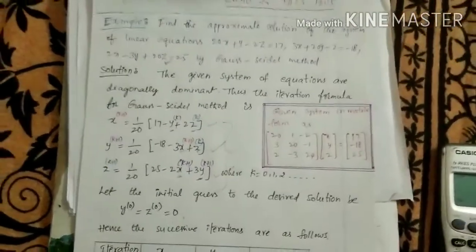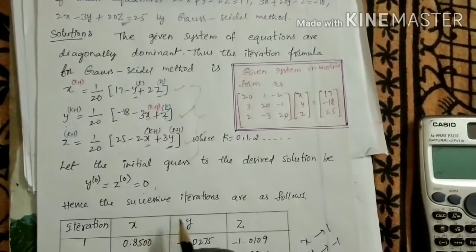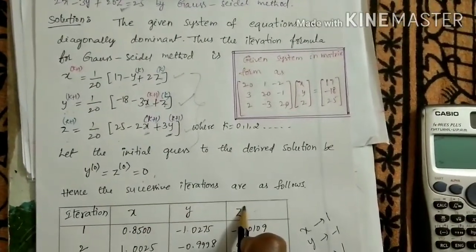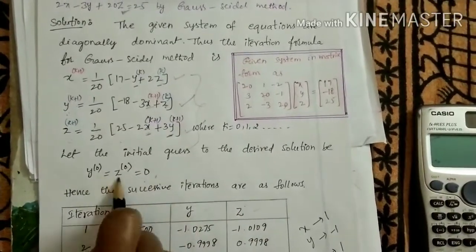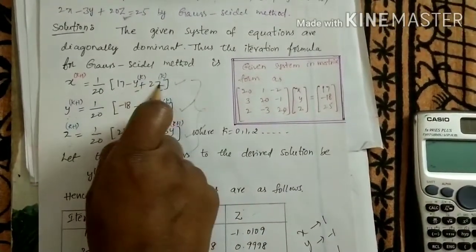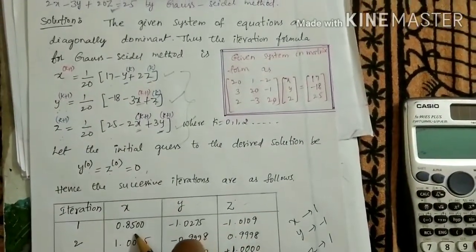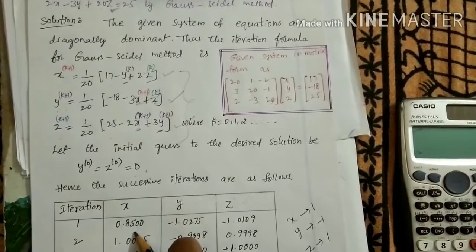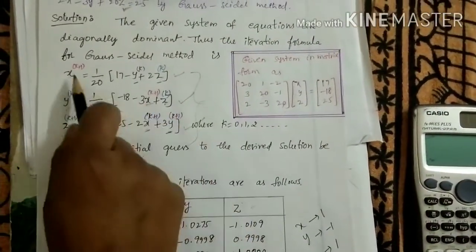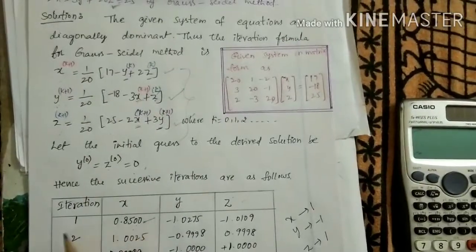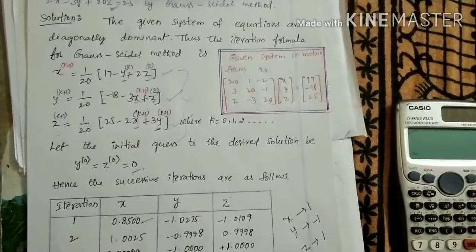Hence, the successive iterations for the variables x, y, z can be obtained as shown in the table. By giving y, z as 0 in the first equation, the value is obtained as 17/20, which is nothing but 0.8500. Now x and z variables are appearing. For x the improved value is available, and for z no improved value is available, so we use the initial guess.